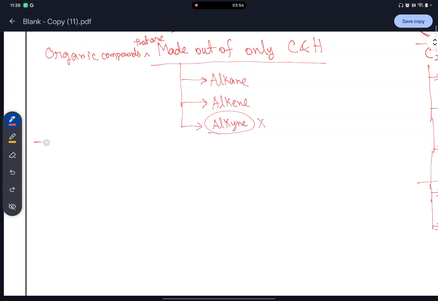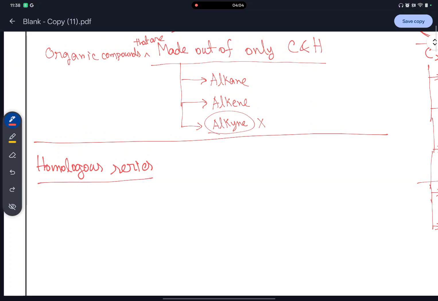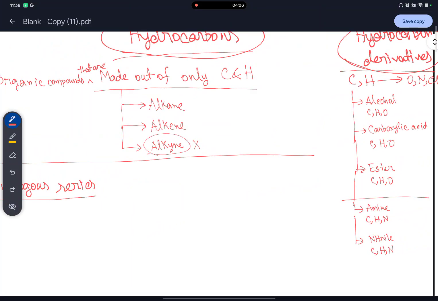Now let's move to the first part. What is a homologous series? When you hear the word alcohol, the first thing that comes to your mind may be not something good, or you may think of hand sanitizers, but alcohol is actually a group of compounds.